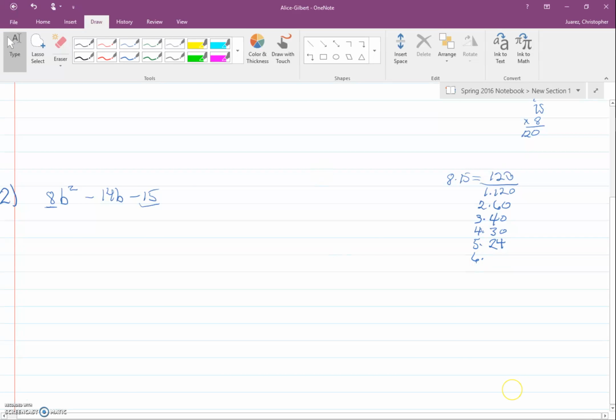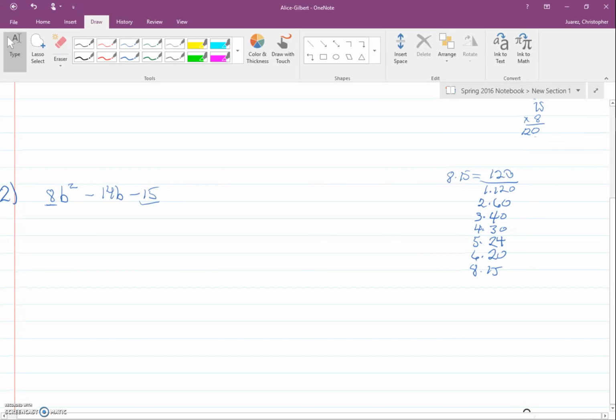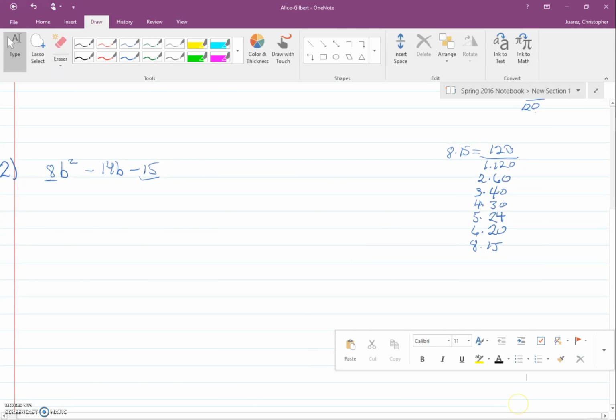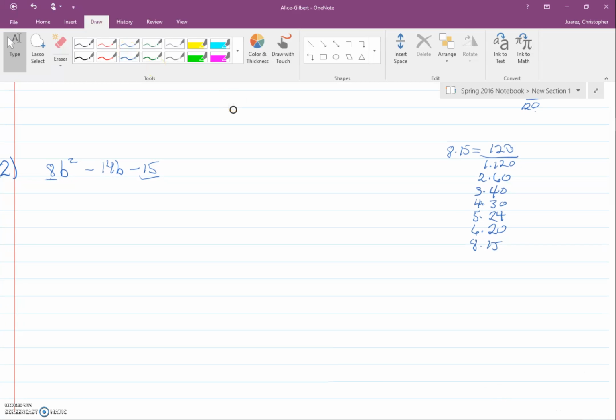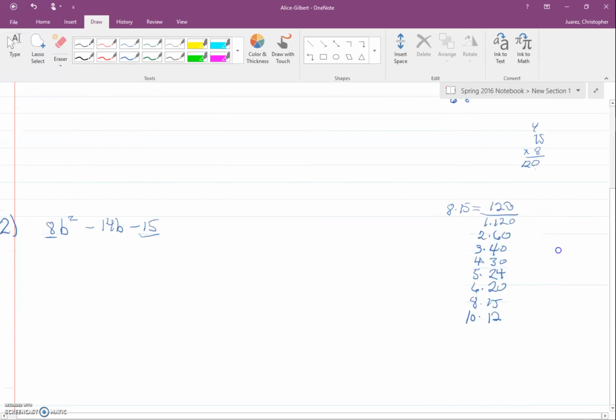How many times does 6 go into 12? 2, and add the 0. 7 doesn't. 8 does, times 15. We just did it up here. 9 doesn't. 10 goes in, 12 times. 11 doesn't. Next one's 12. So now I've got everything.